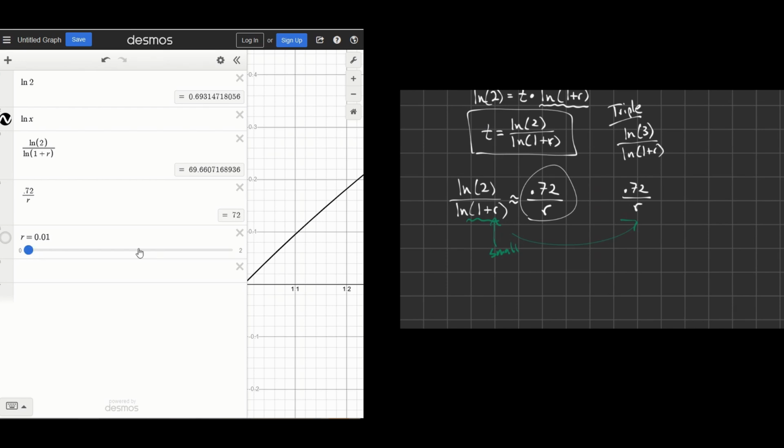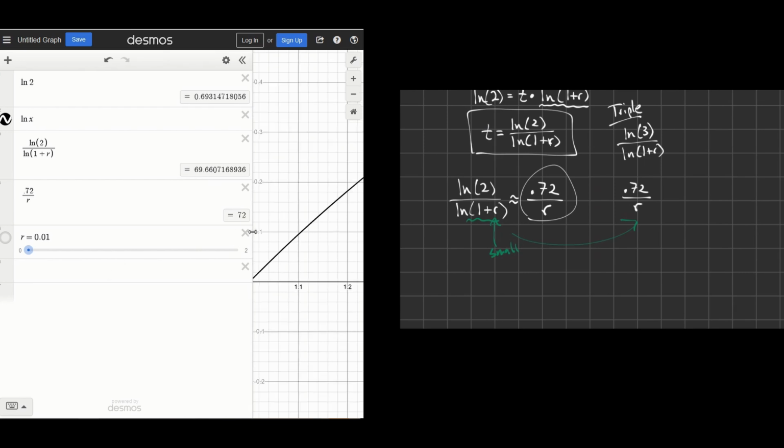If we go down to 1%, the value is off by about 2.5 years. So maybe not significant, but at least keep it in your mind. Once you start doing calculations with things that are off by a decent amount over a long period of time, it could potentially cause differences in your calculation.